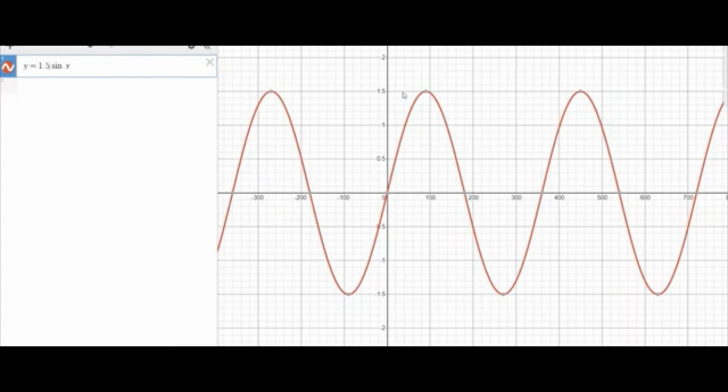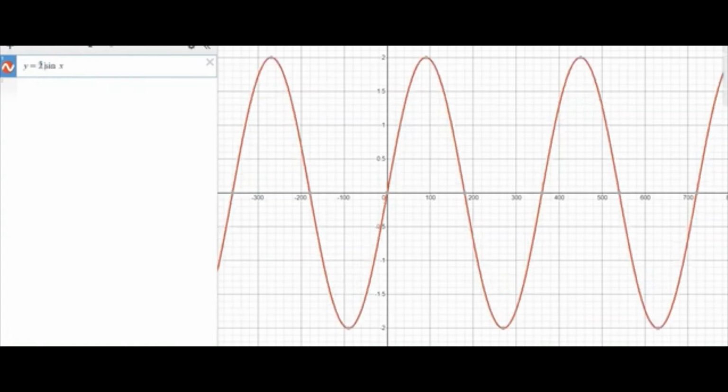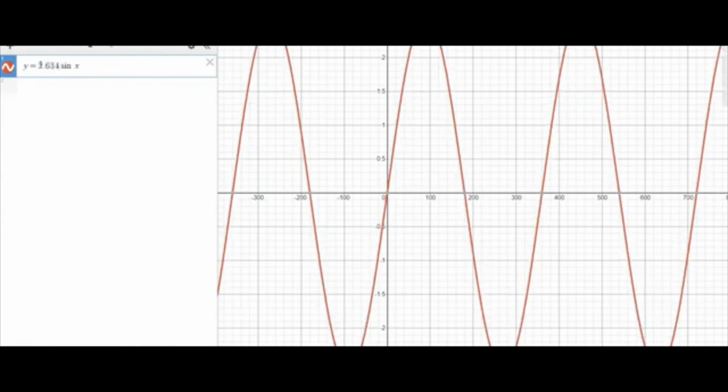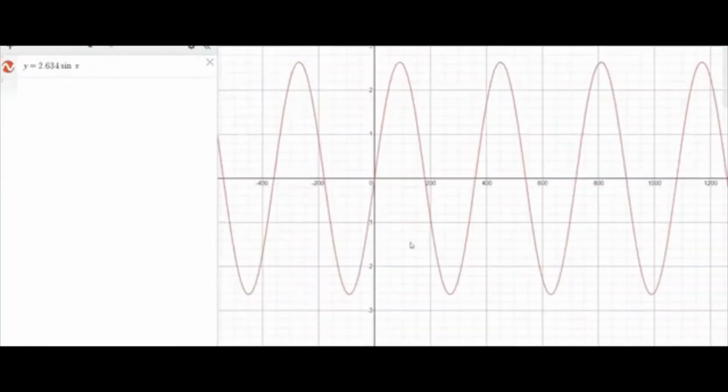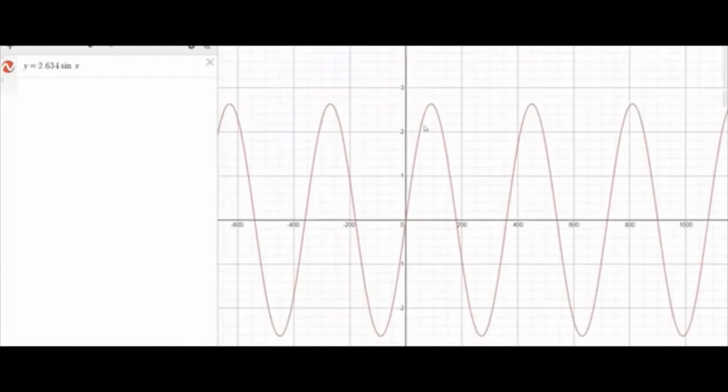See what happened? Amplitude became 1.5. Here also amplitude is 1.5. So if I finally do it, say 2.634, very strange kind of number, let's see. Can you see? The amplitude has become whatever I wrote in front of sine.